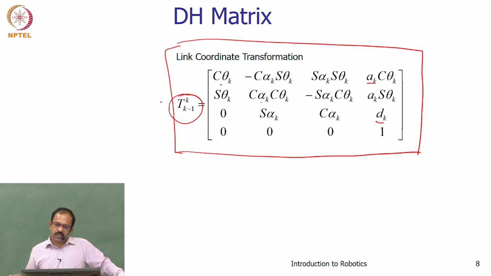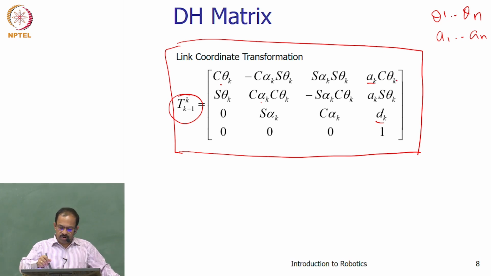We saw that if we have multiple coordinate frames, we can get theta 1 to theta n, similarly a1 to an, etc. for any manipulator frame, so we will know all this information.